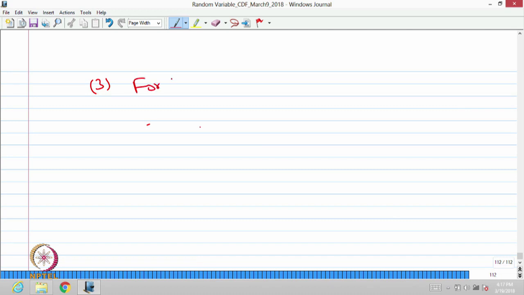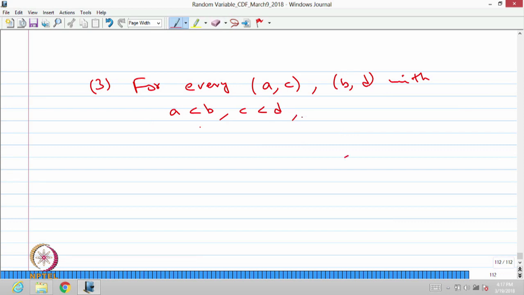The third point: for every a comma c and b comma d with a less than b and c less than d, we have... I can just draw the diagram first, then I can go for it.